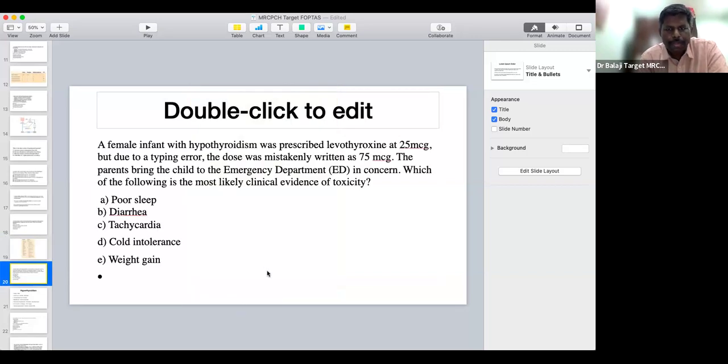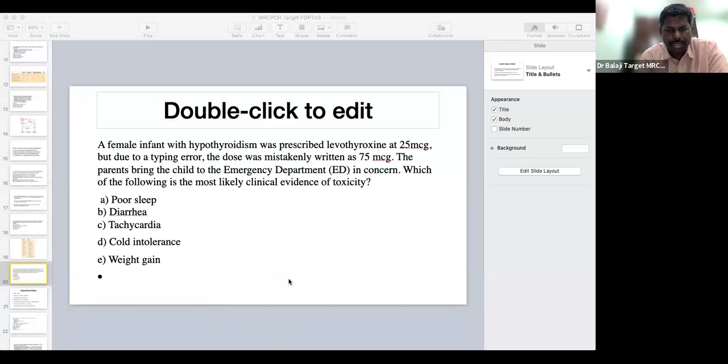Okay. Here a female infant with hypothyroidism was prescribed levothyroxine at 25 microgram. Instead, 75 microgram was given. Which of the following is most likely the clinical evidence of toxicity?